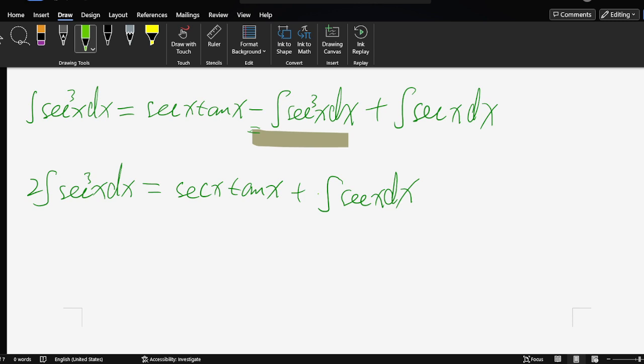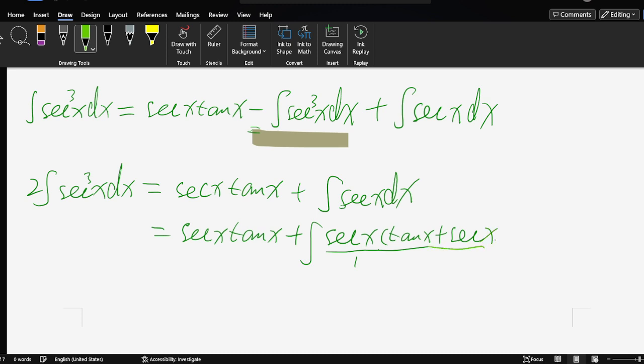So we don't finish because here this part is still an integral. We do that again. So secant x tangent x plus, and this part we do secant x over 1, then times tangent x plus secant x. Because here the denominator, we do the same job. Tangent x plus secant x dx.